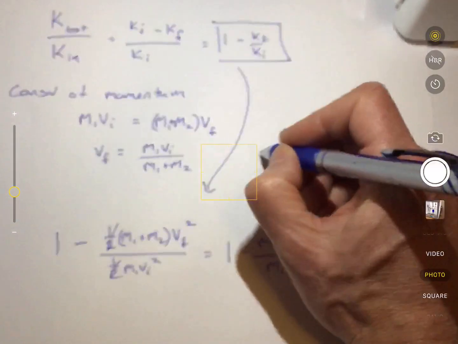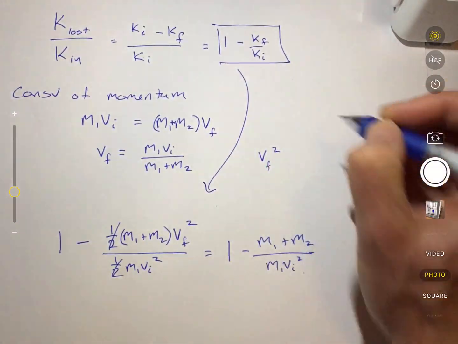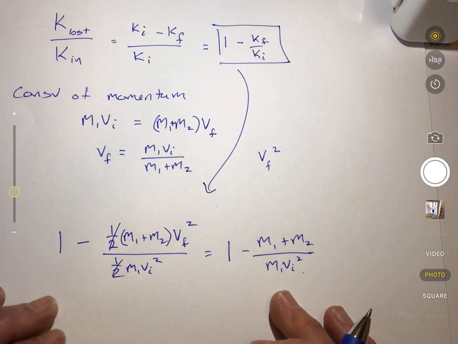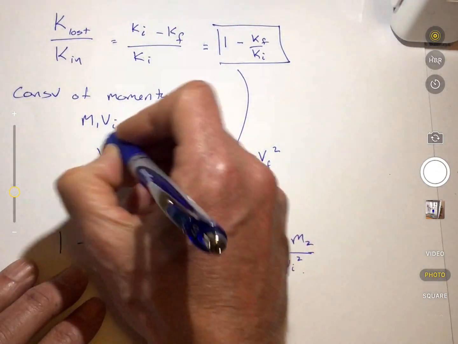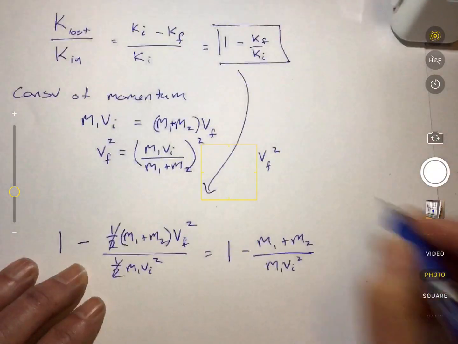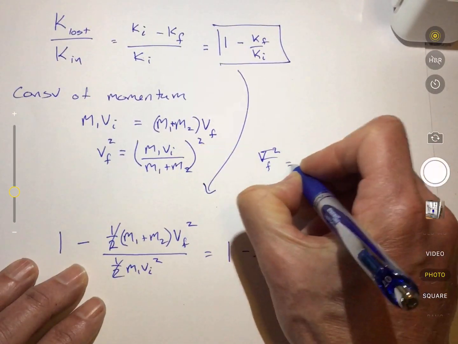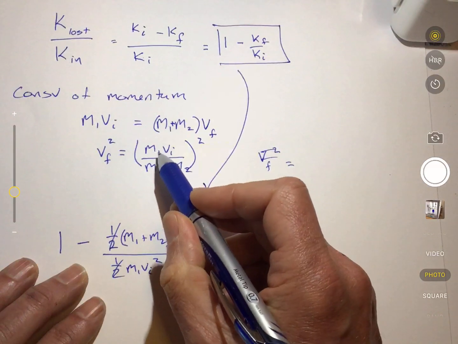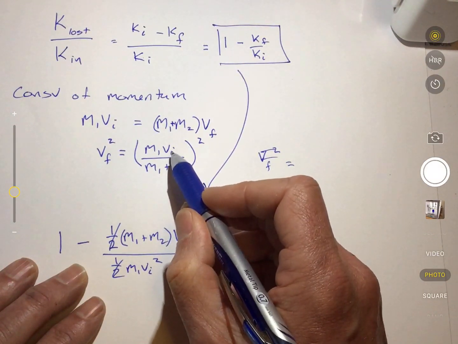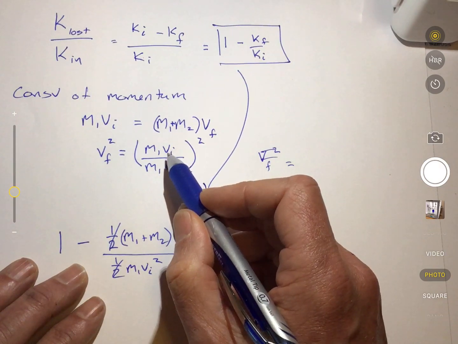So VF squared, this is where a little algebra comes in handy. I'm going to use what's called the product rule for exponents. I need to square this. The numerator squared, I could do m1 vi squared, but I can also realize I have this product rule that might make it a little bit easier.